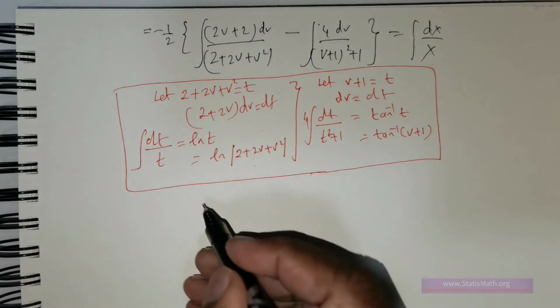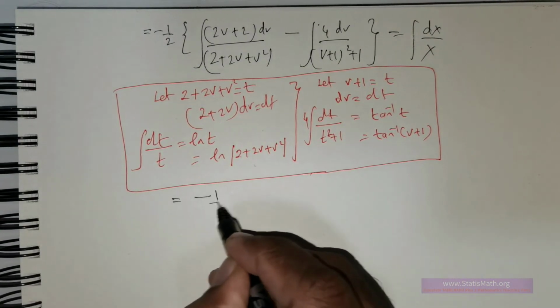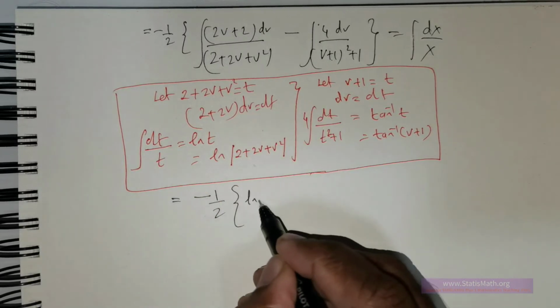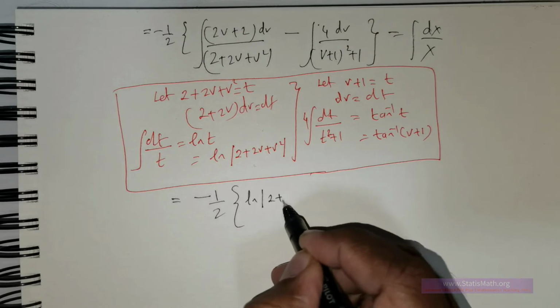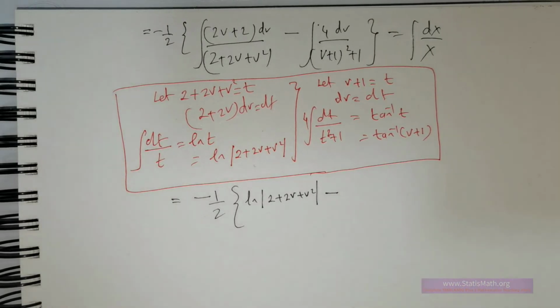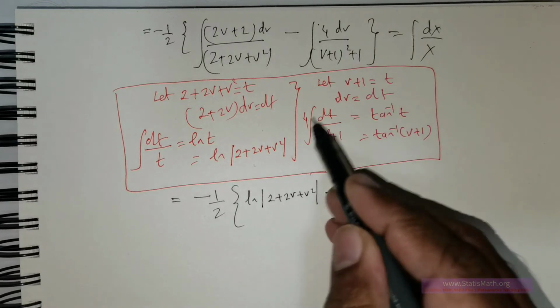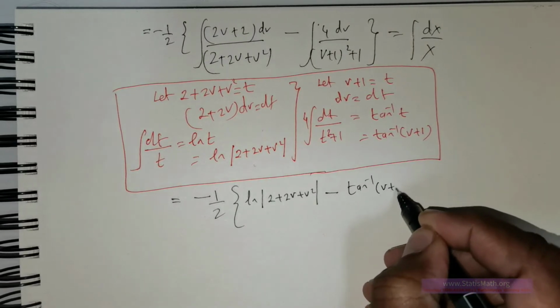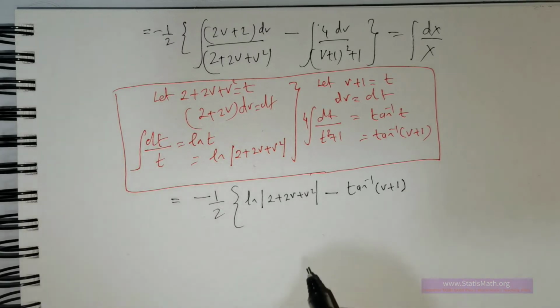So rewriting, we get negative 1 over 2 times ln of (2 plus 2v plus v squared), negative, in place of this quantity, tan inverse of (v plus 1).